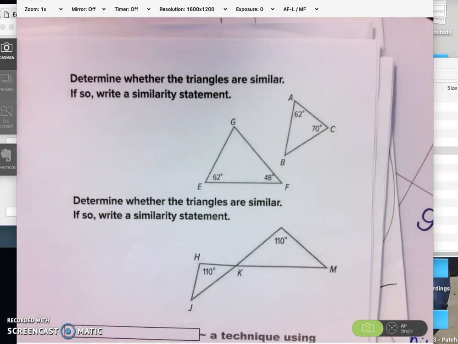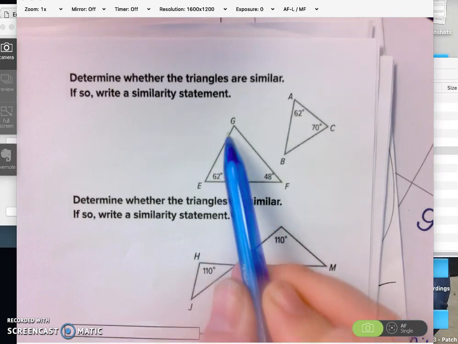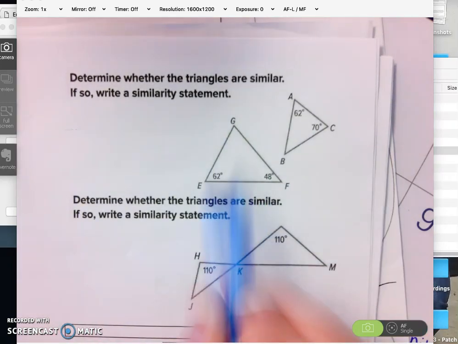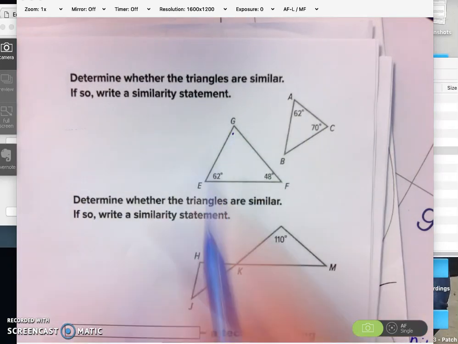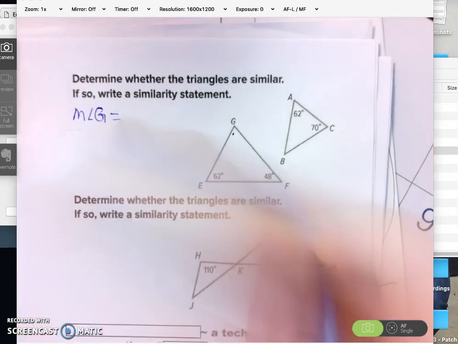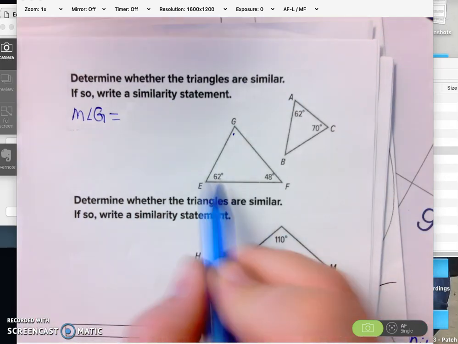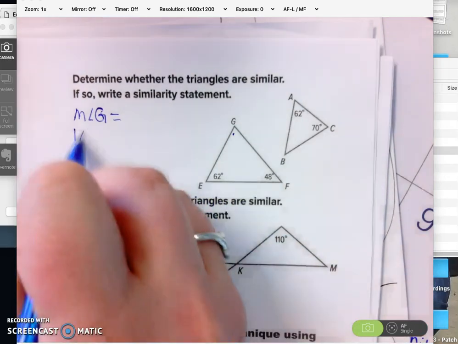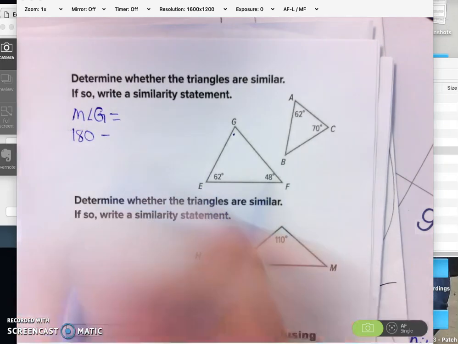So we have to look here. Angle G is unknown, but we should be able to find that out, right? Because we can do 180 and subtract our known values of these two.